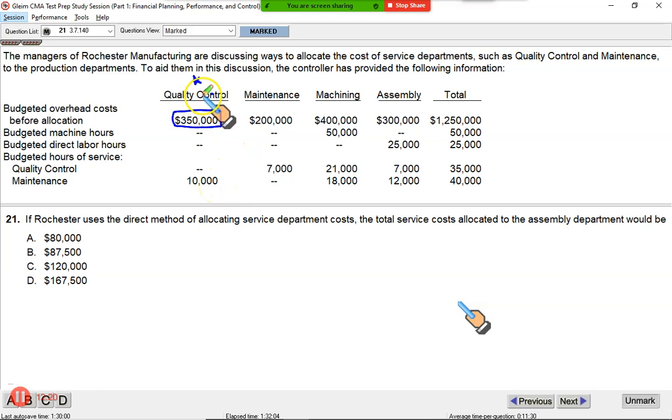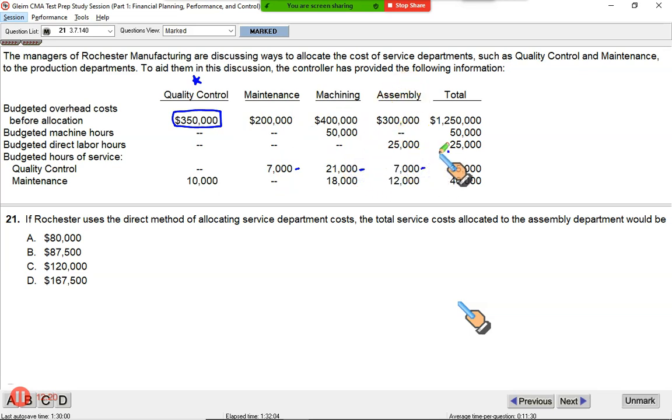Quality control serves 7,000 to maintenance, 21,000 hours to machining, and 7,000 to assembly. Quality control cost serves maintenance, it serves machining, it serves assembly.